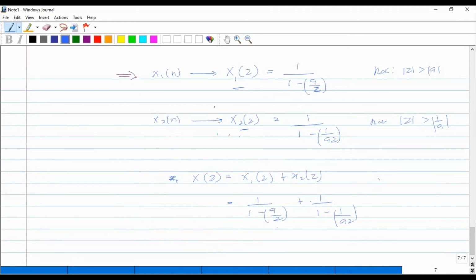The ROC for this, z should be greater than magnitude of a, if a is greater than 1. Did you understand this? That is what I explained.